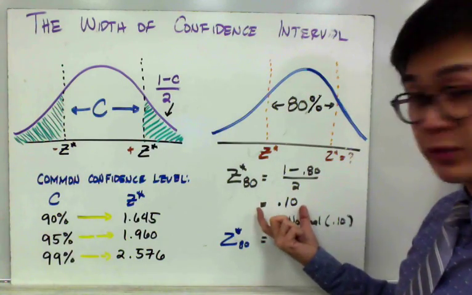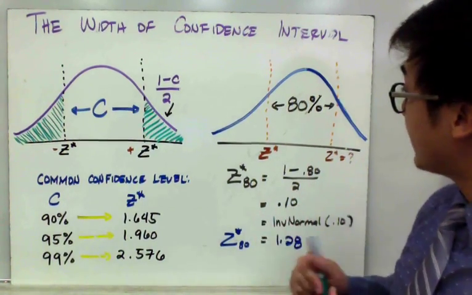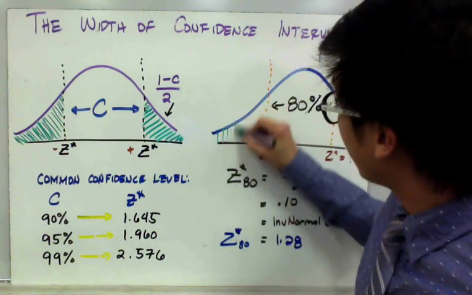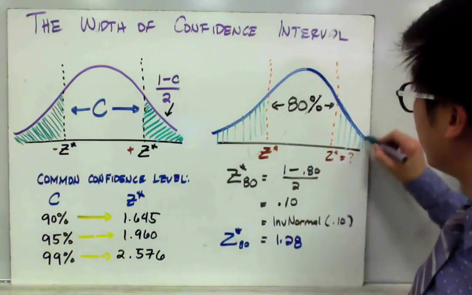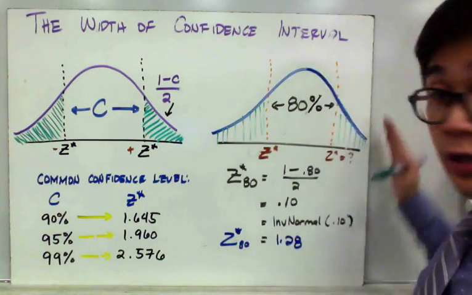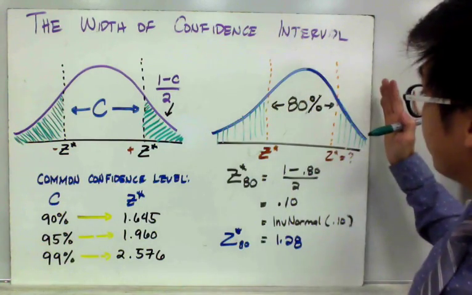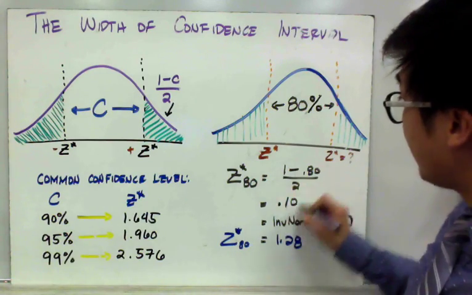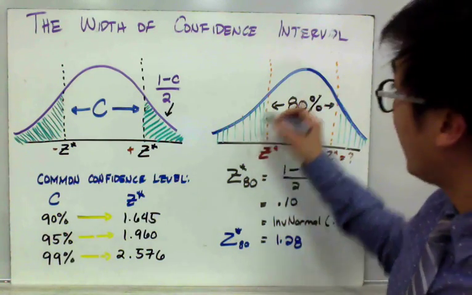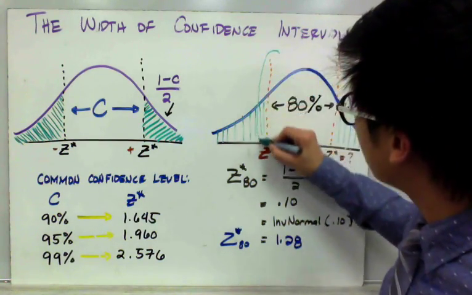which gives us 10%. So this particular 10% is basically the area in your tail region. These two tails measure 10% of your total area in this normal curve. But we're not concerned about the area, we're concerned about this location.